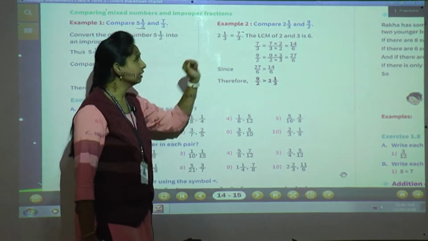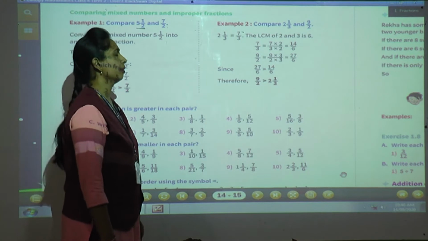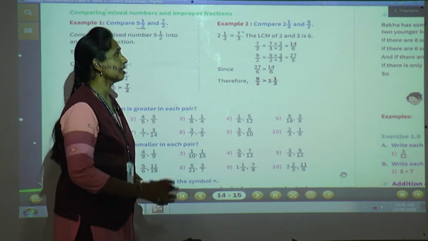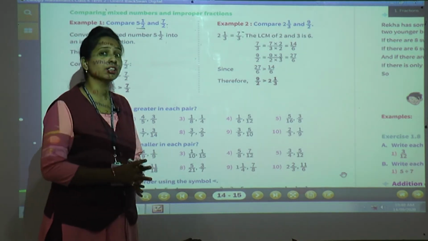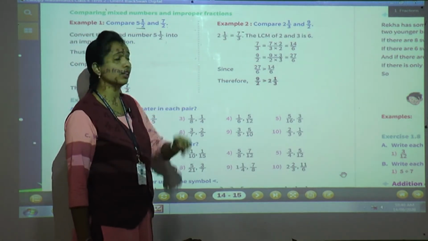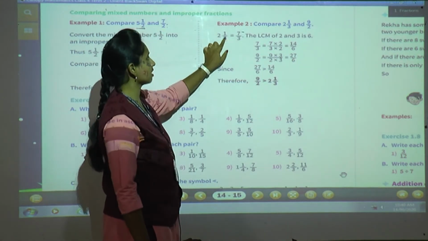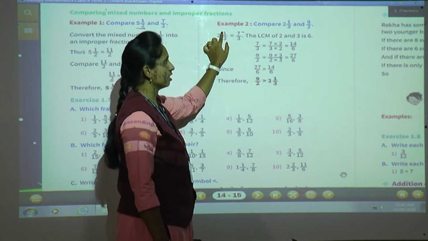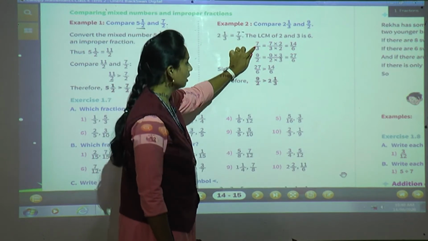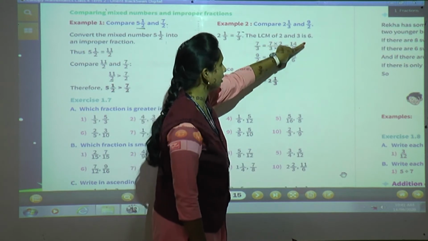Now one more example. Now compare 2 1 upon 3 and 9 upon 2. Now see, 2 1 upon 3 is equal to 7 upon 3. 2 3s are 6, 6 plus 1 is 7, isn't it? So 7 upon 3. The LCM of 2 and 3 is what? 6.